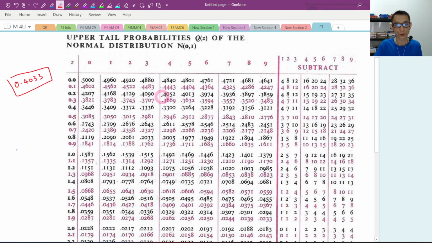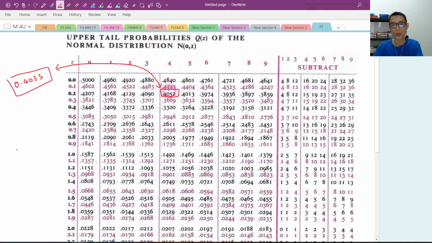Okay, greater than it. Now, this is not the value that we are looking for. We actually want 4033, right? But this is 4052. So find the difference between these two numbers. Press your calculator, 4052 minus 4033. You will get 19.